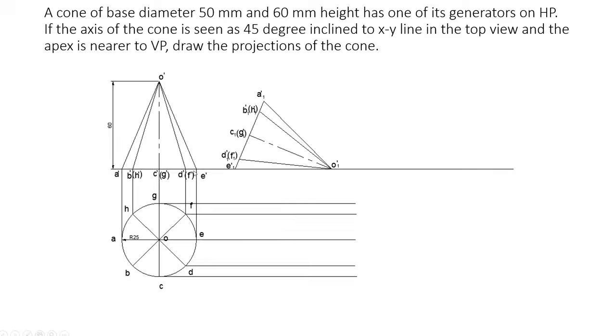So you get that triangle. Now measure these small dimensions from E dash to D dash, D dash to C dash, C dash to B dash, and B dash to A dash. All those small dimensions we mark here: E1 dash to D1 dash, and in that way you can mark all those dimensions. So you get some points here. Connect all those points to the apex. Use a chain line to show the center line.